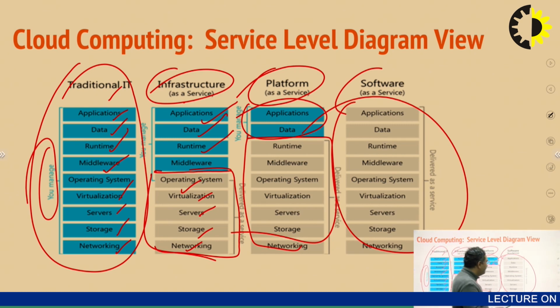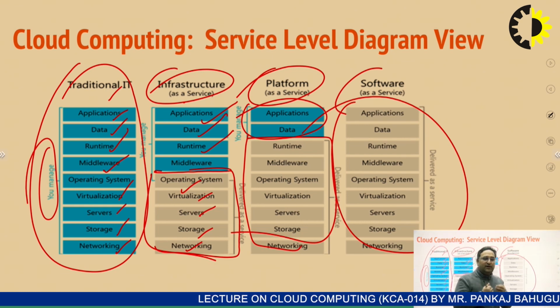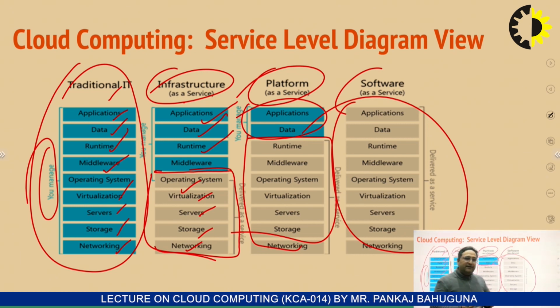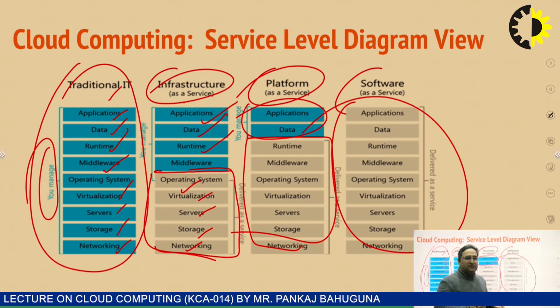Now in case of software as a service, everything including the application is being taken care of by the cloud provider. You are just a consumer of that software. So that's why it is software as a service. You can take an example of Office 365. You are not doing anything in that. You are just registering your organization, and everything you are getting in the browser itself.